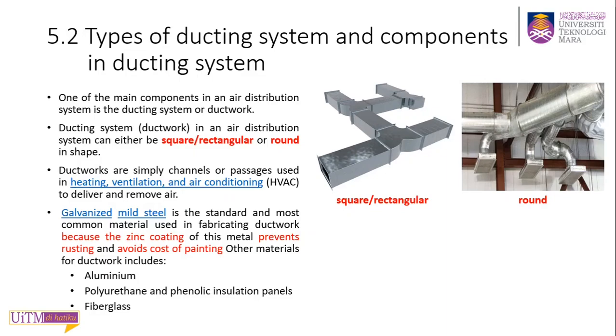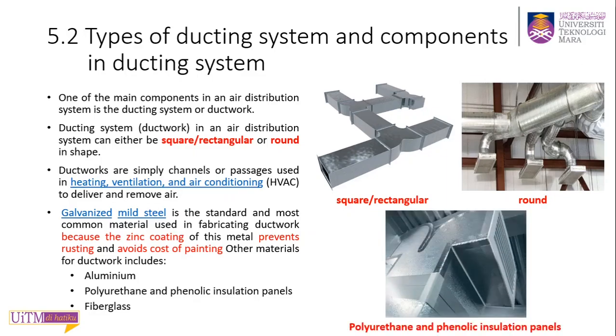The most common material for ductwork is galvanized mild steel, because galvanized mild steel has a zinc coating which prevents metal rusting and avoids cost for painting. Other materials for ductworks include aluminium, polyurethane and phenolic insulation panels, and also fiberglass.